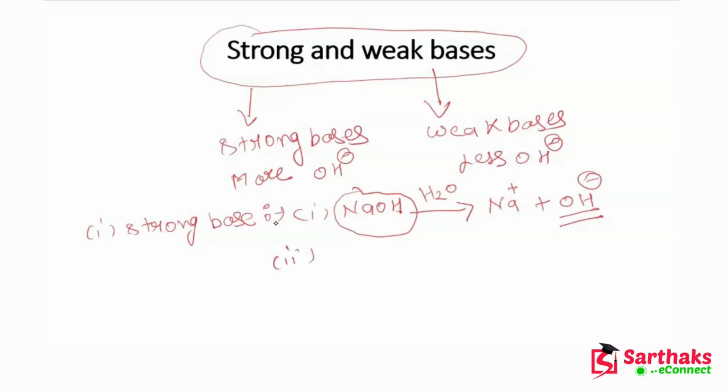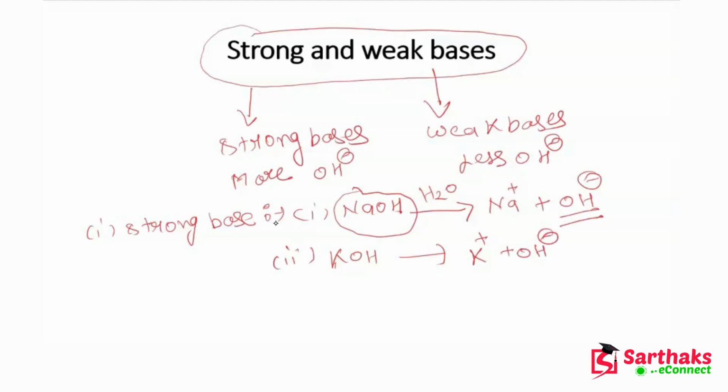Now let me give you another example of a strong base, that is KOH. This KOH will dissolve, or split, like this: K+ and OH-.